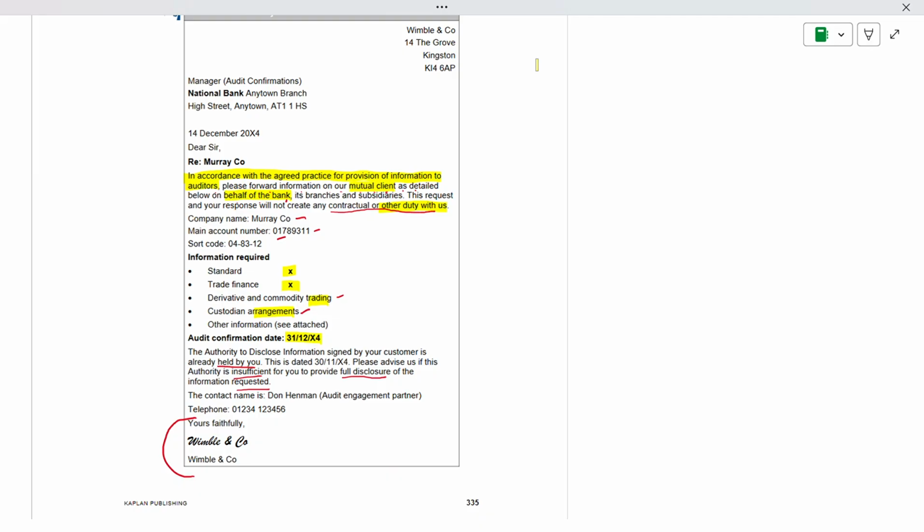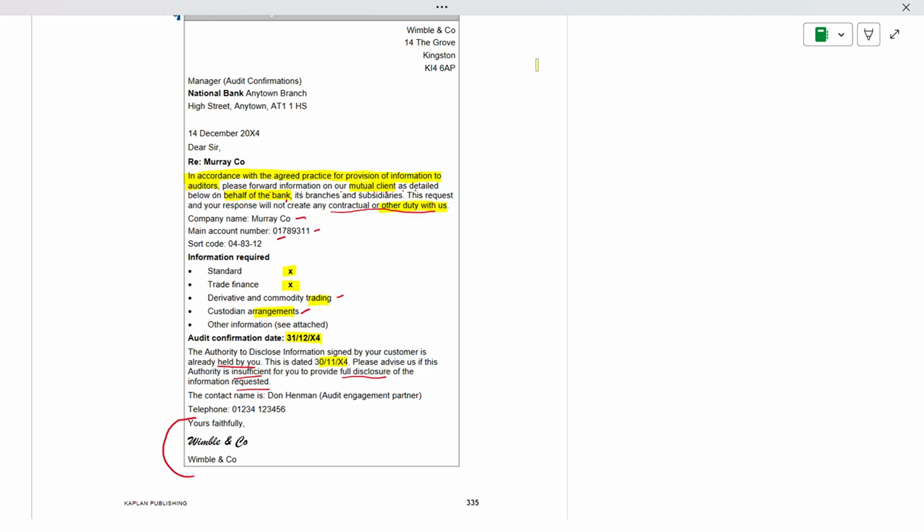The authority to disclose signed by your customer is already with you. The client has given authority to the auditor. This is dated. The client has written a letter to the bank to provide information to the auditor, and it is already held by you, meaning by the bank.